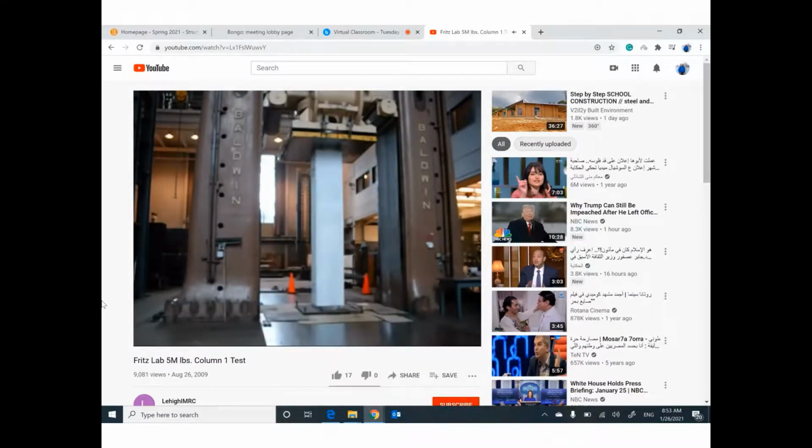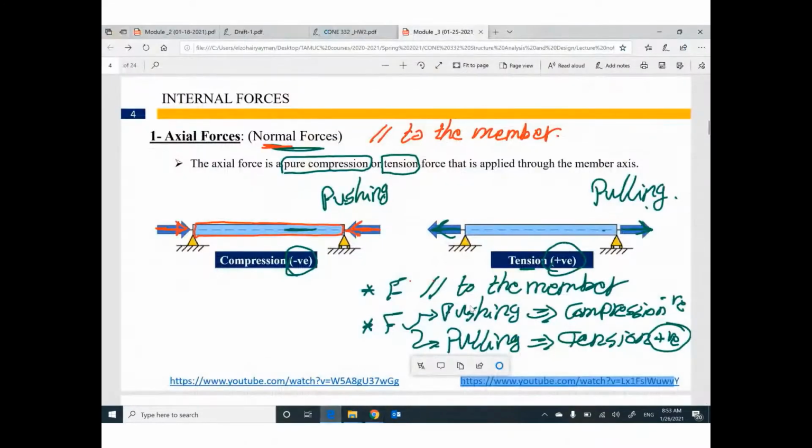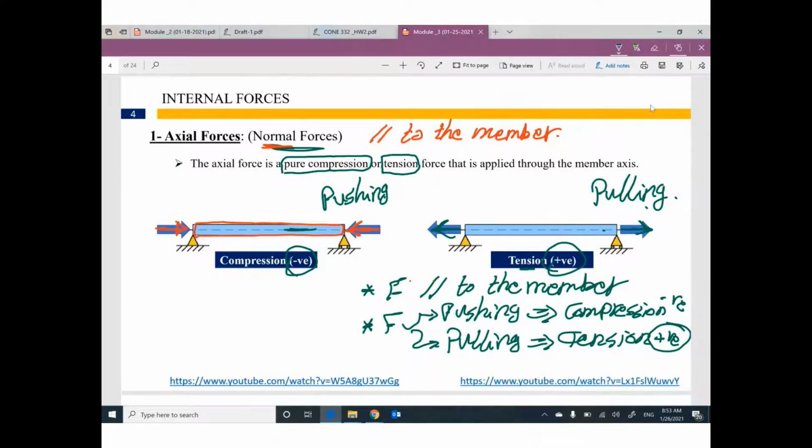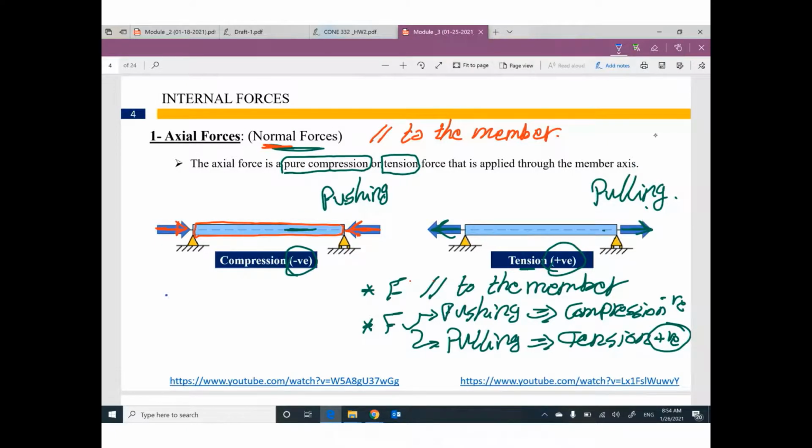One more time. So, sometimes a member in a building can be under the effect of compression, like this, or sometimes this member is under the effect of tension, like this.